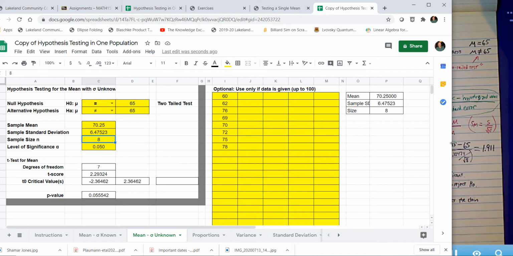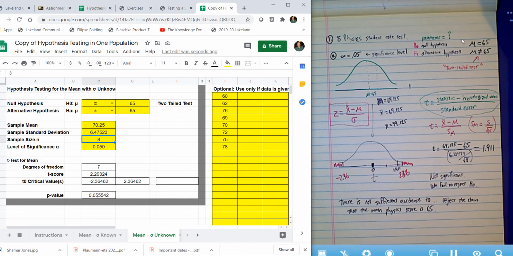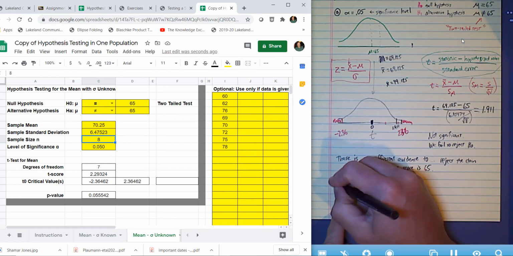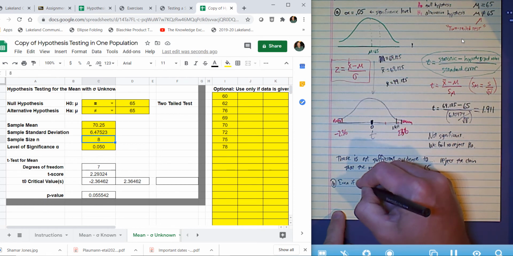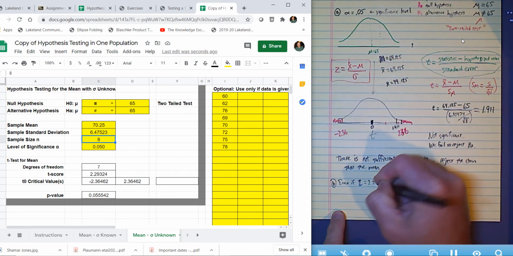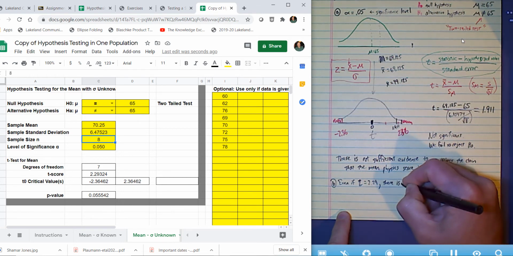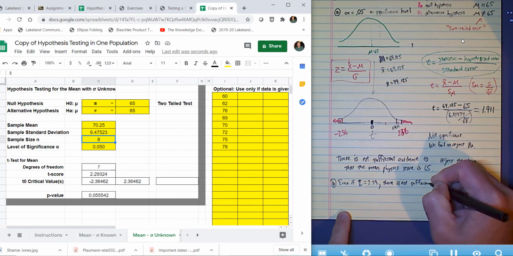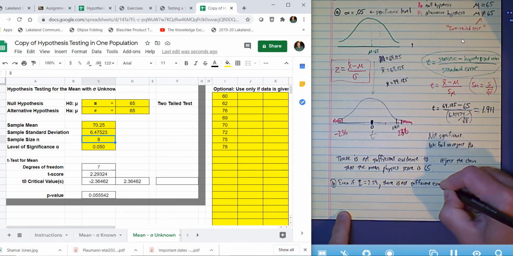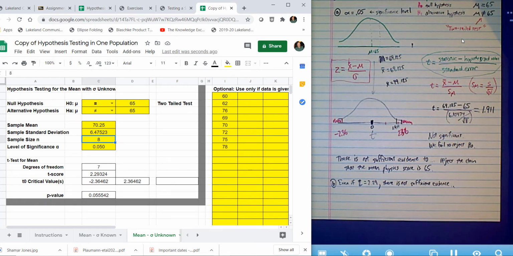So let me go down here to part B. Even if t equals 2.29, there is not sufficient evidence, it's the same thing, to reject the claim that the mean physics score is 65.